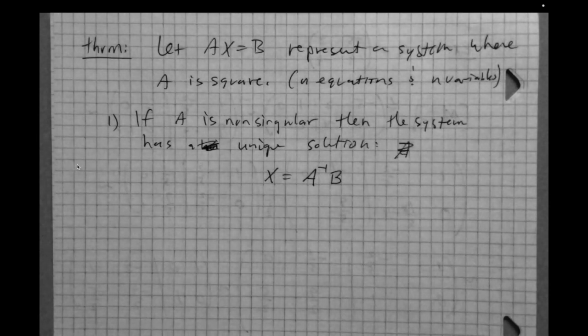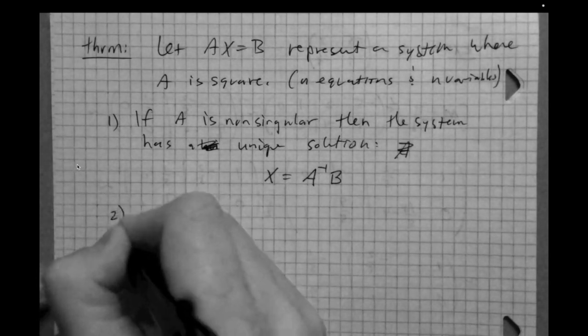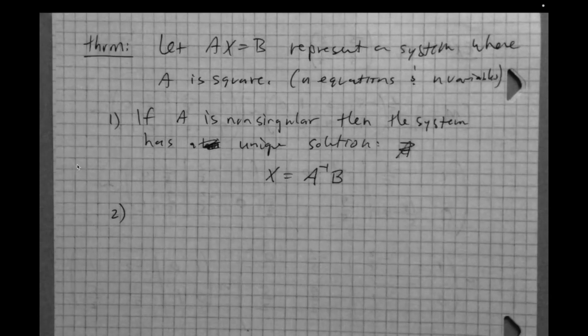If you know the inverse, A inverse, you can just multiply it by the matrix B, and it'll spit out the X matrix. Kind of remarkable. This is only in the case of square matrices, however.